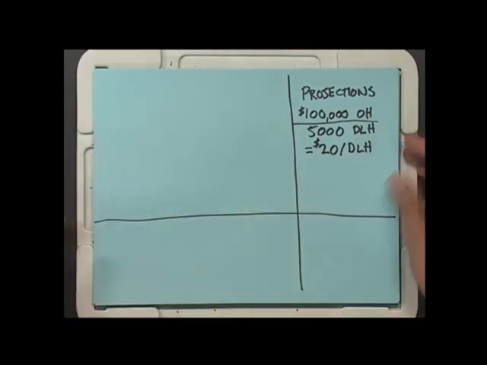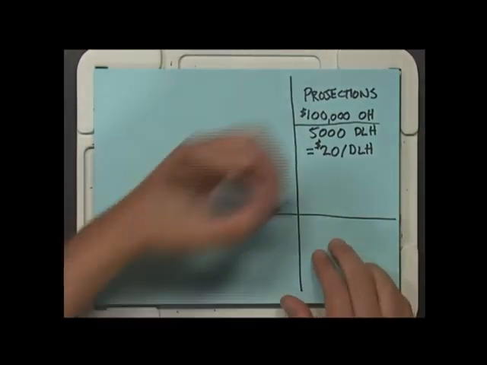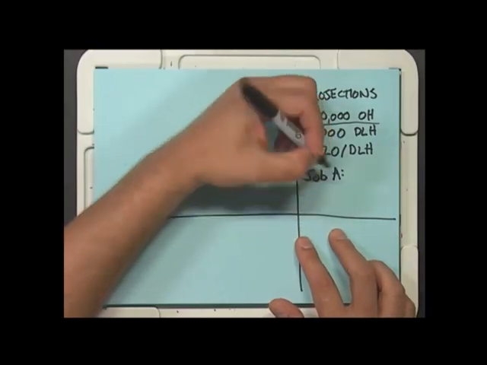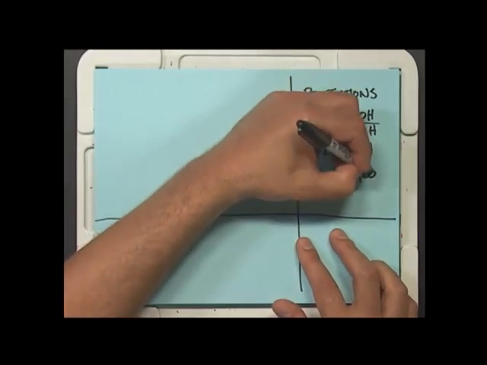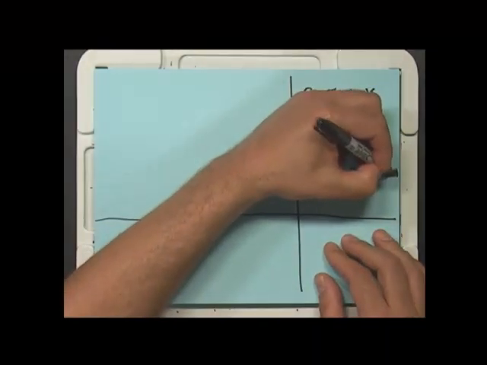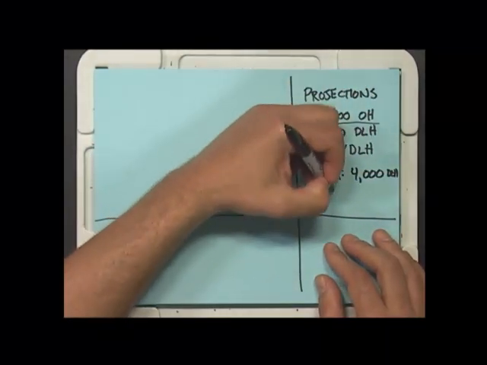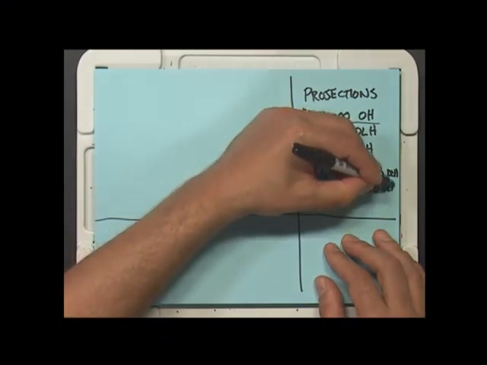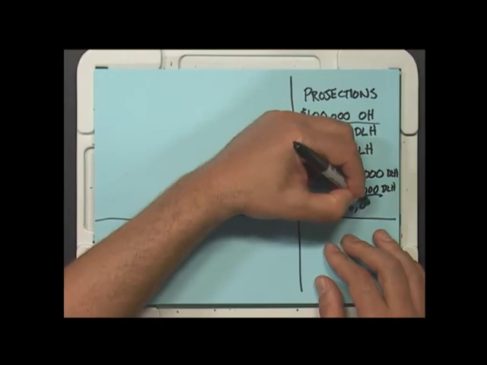Okay. So let's see how this works in practice. Let's make another set of assumptions that job A actually has 4,000 direct labor hours and job B has 2,000 direct labor hours for a total of 6,000.